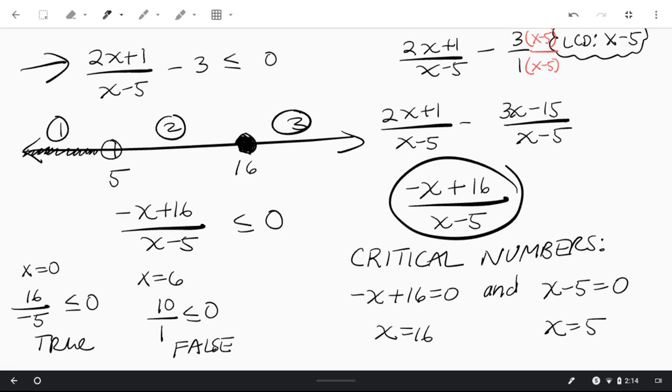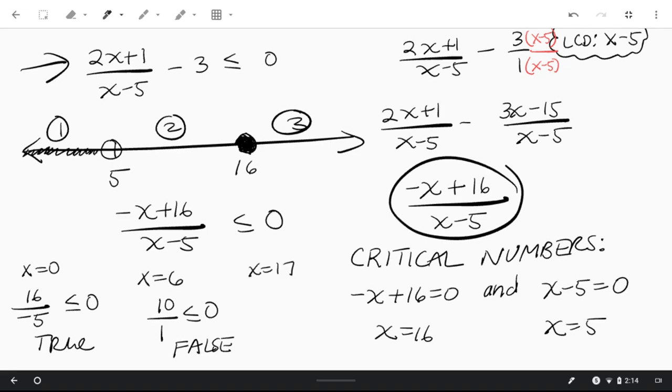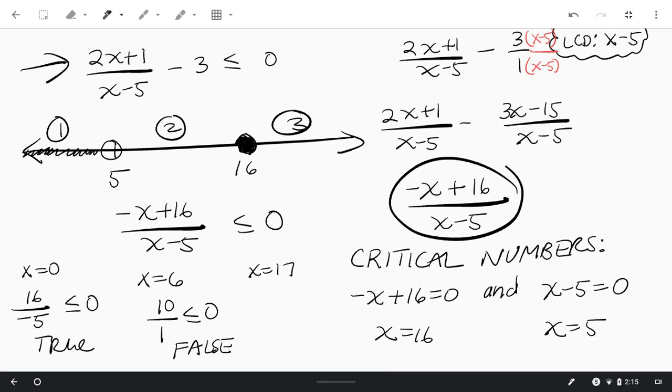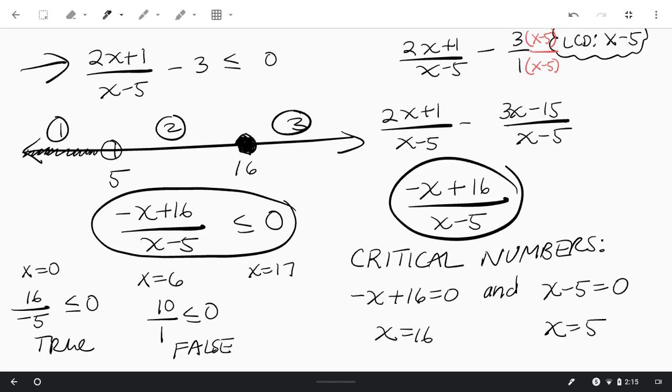Okay. All right, let's pick a number in that third region. Smallest number we can choose is 17. Okay, so negative 17 plus 16. So remember, I'm plugging into this inequality right over here when I'm checking each region. So right now I chose x equals 17, so I'm going to plug it into this inequality.